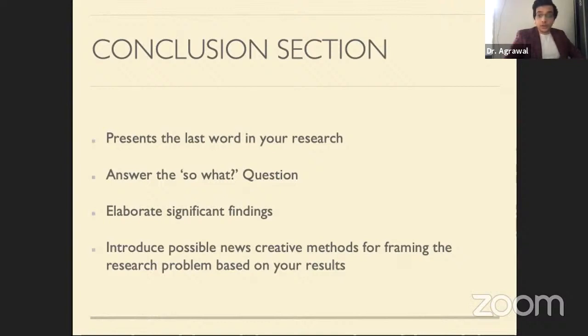You can introduce possible new or unexpected or expanded ways of thinking about the research problem. This does not refer to introducing new information, which should be avoided, but to offering new insight and creative approaches for framing the research problem based on the results of your study. So you can maybe say that I conducted this study this way, but there should be a randomized control trial between, say, eating apples and colon cancer, because I have found in my small study that there is a correlation.